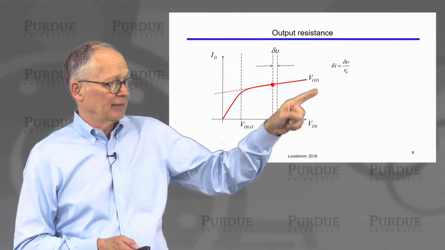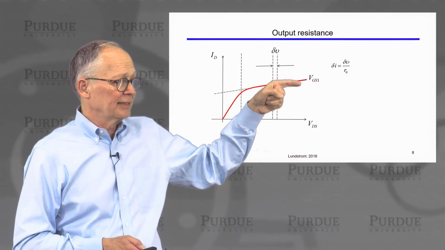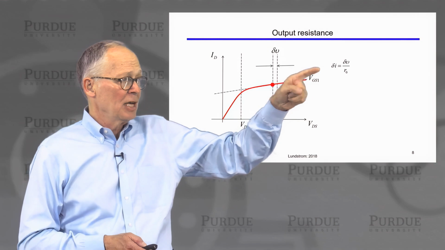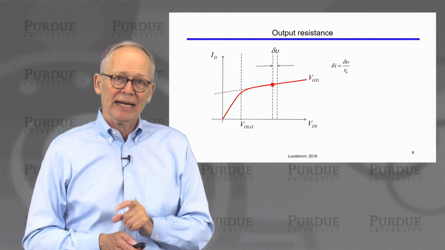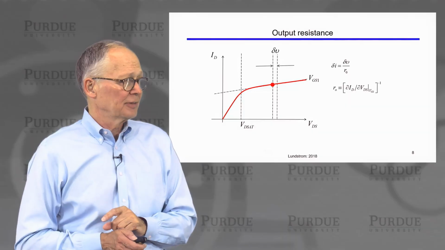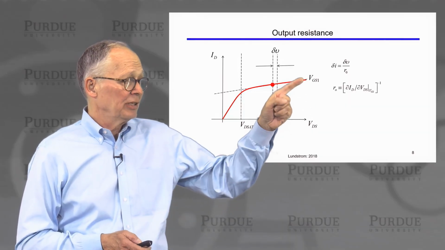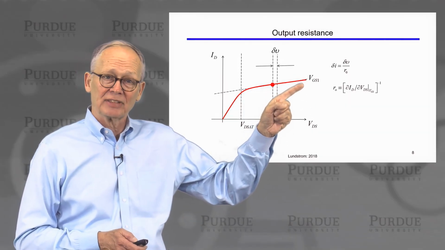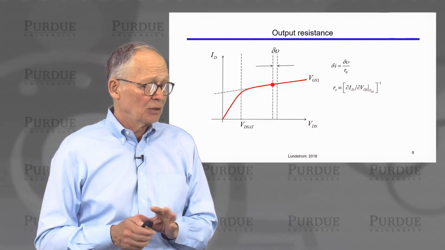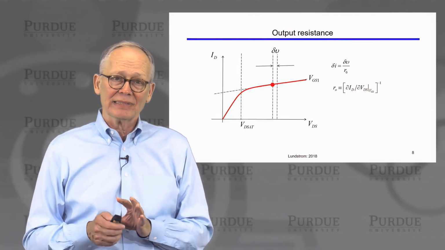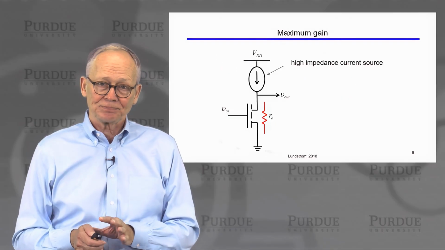And if it's a linear characteristic like this, which is usually a good approximation, we can write the increment in current as the increment in voltage divided by the output resistance. The output resistance is just 1 over the slope of this line of this transistor characteristic in the output regime. So this is what we call the output resistance of the transistor.